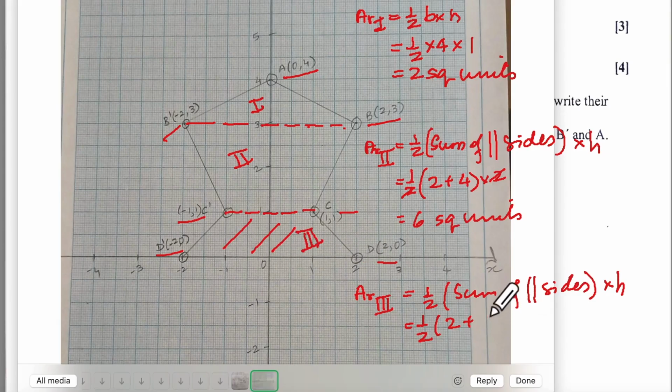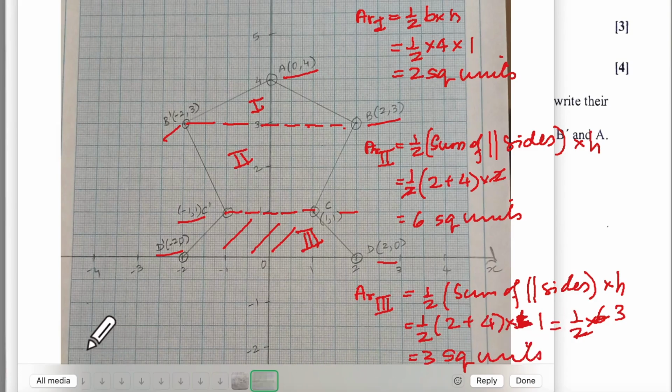Can you see that? Yes, ma'am. Multiplied by 2. No, multiplied by 1. Sorry, mistake. This height is 1. So this will be half into 6. So that will be 3 square units.